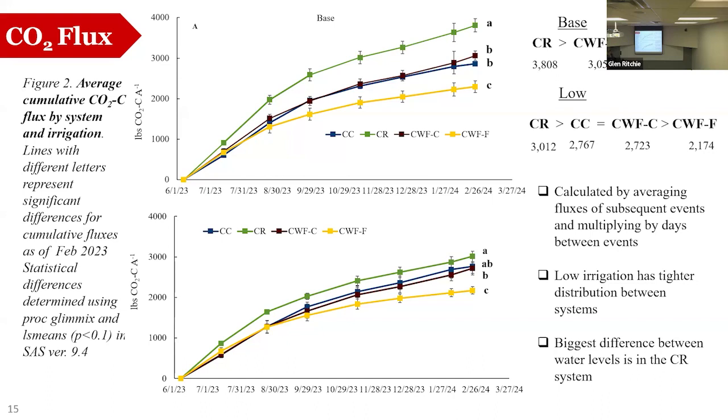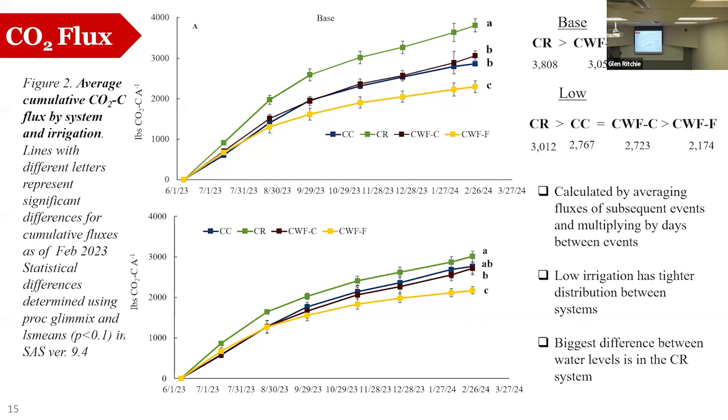So as we're adding more water, we're having a lot bigger spread between our highest emitter and our lowest emitter. But as those resources needed to respire are dwindled, everything starts coming a little bit tighter because your limiting factors in each system are about the same. So it's about water down here, a lot of it, and then up here it's going to be a lot about the carbon inputs and how those differ between the two systems.